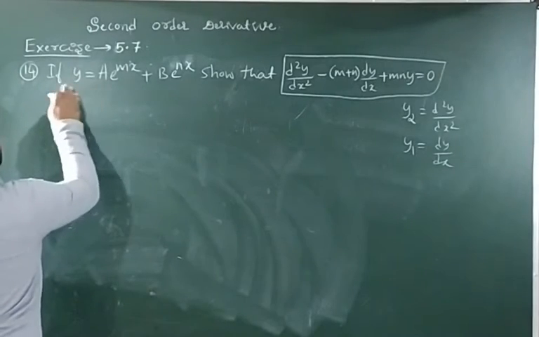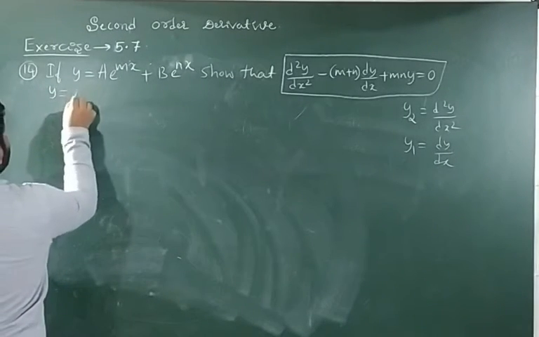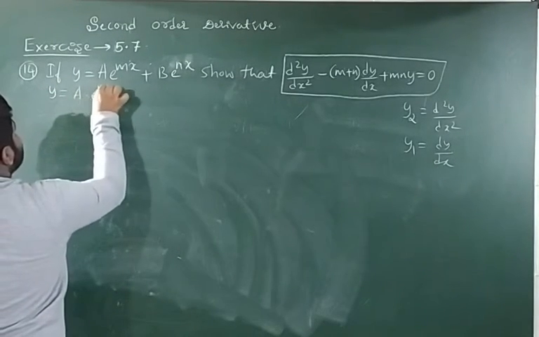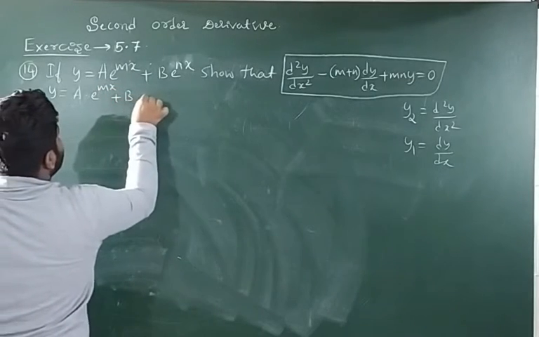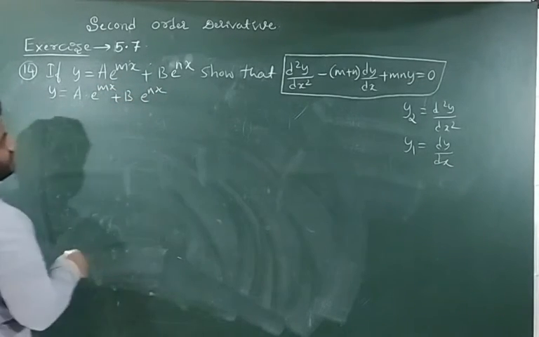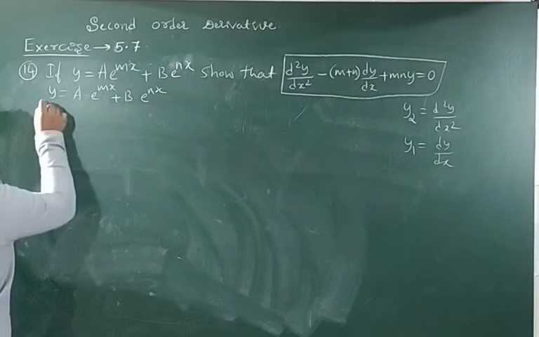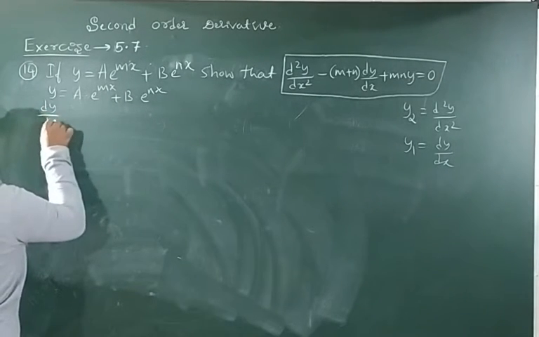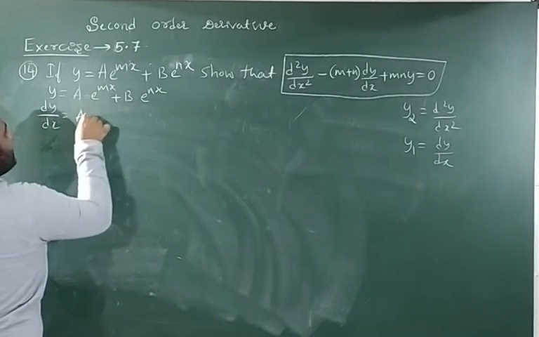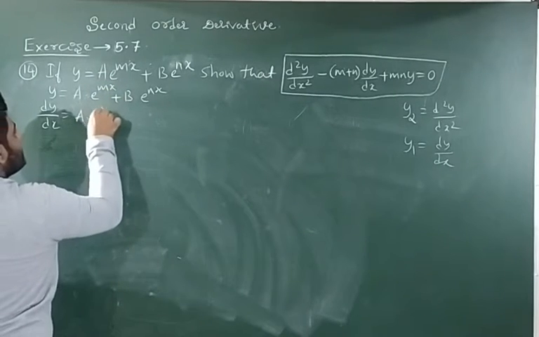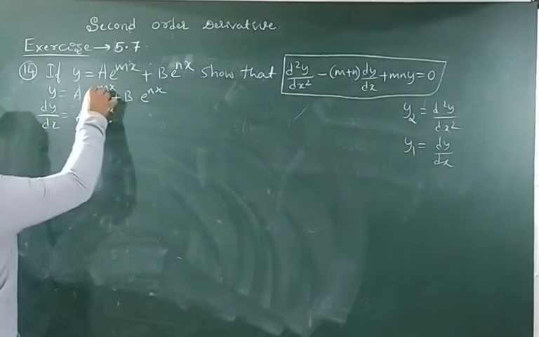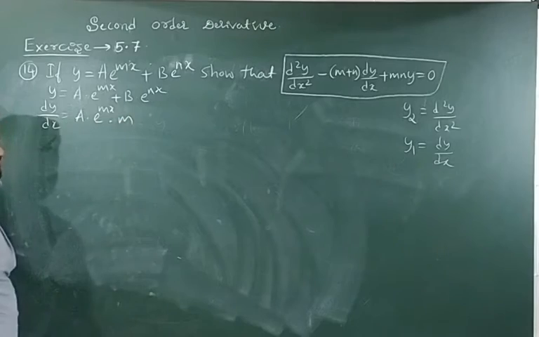Carefully see here. y is given already. y is nothing but a into e raised to mx plus b into e raised to nx. Differentiate with respect to x. dy by dx, a constant as it is. Differentiation of e raised to mx is e raised to mx into differentiation of mx, which is m.